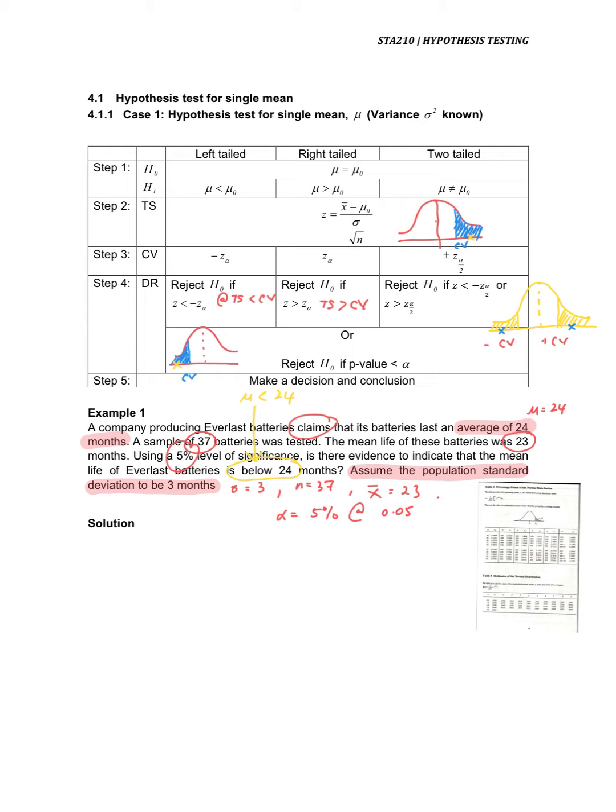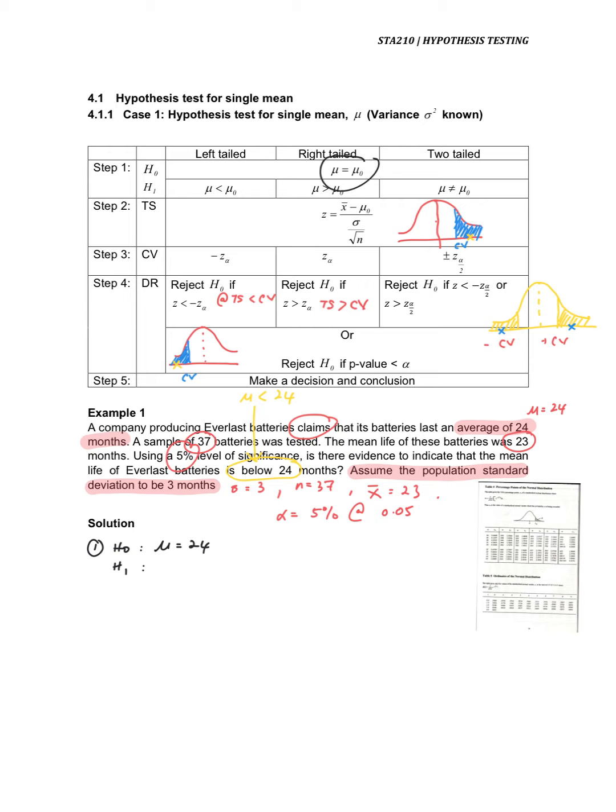Okay, so number 1, you need to decide what your H0 and H1 are. Since we want to test the mean, our H0 is mu equals 24, referring to our claim.